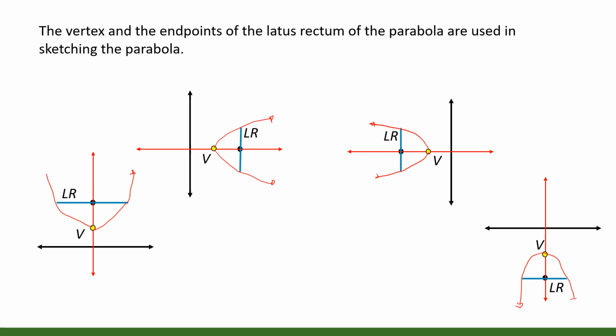Ibig sabihin, meron pala tayong apat na opening. Upward, to the right, to the left, and downward. And aside from this, kung mapapansin nyo, ang focus point natin ay nasa loob ng parabola. So these are the focus points. Yan. Dapat nasa loob ng parabola. Okay?